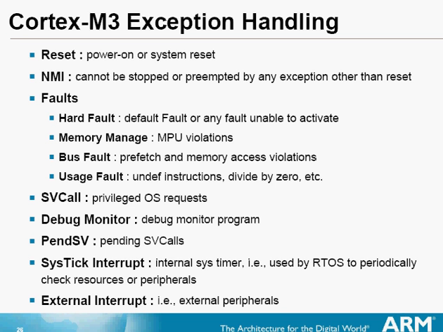The priorities start at -3 for reset, -2 for NMI, and -1 for hard fault. The rest of the 252 interrupts are configurable, starting from 0, the highest priority, until 252, the lowest priority.